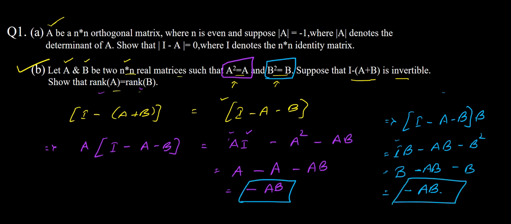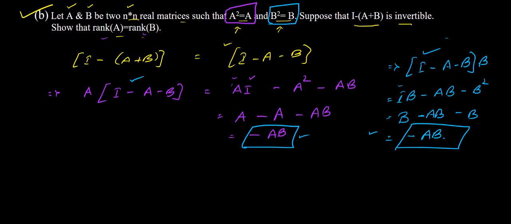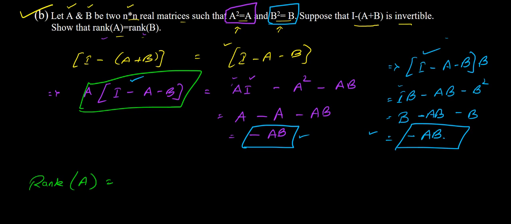So the rank of minus AB is equal to obviously the rank of minus AB. Hence the rank of this will also be equal to the rank of this. So let me write this here. We can write that rank of A will be equal to the rank of this. That is why I have multiplied A in the beginning.